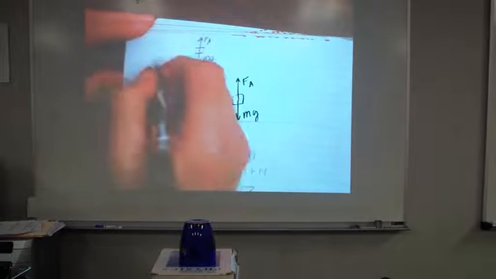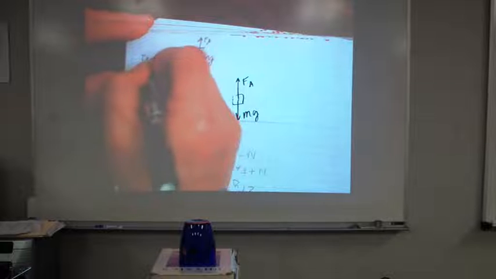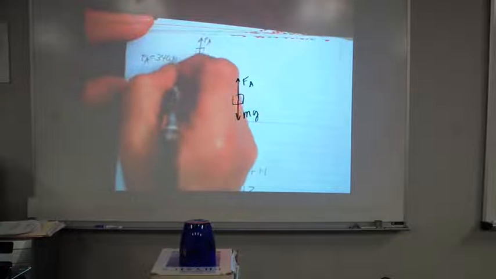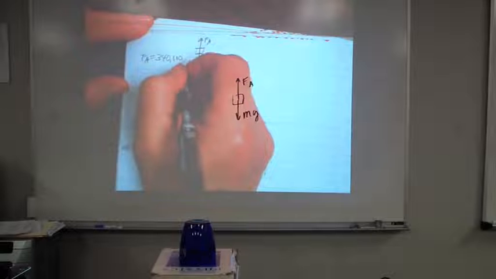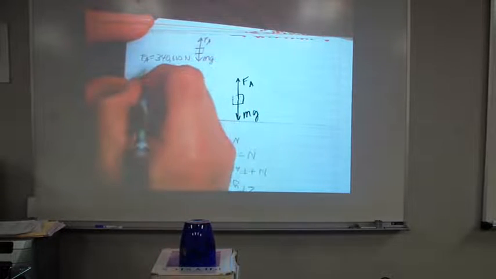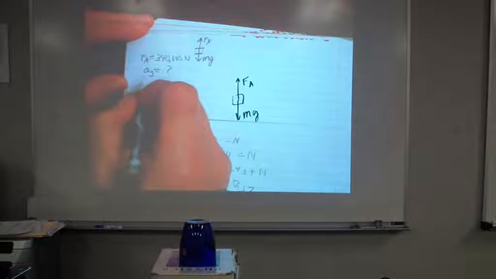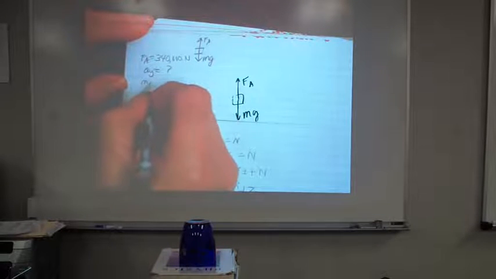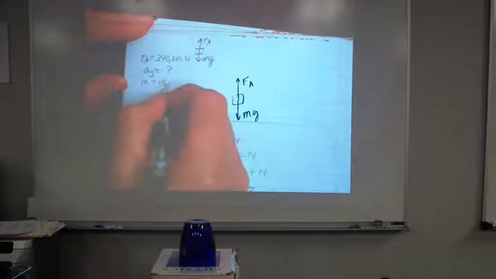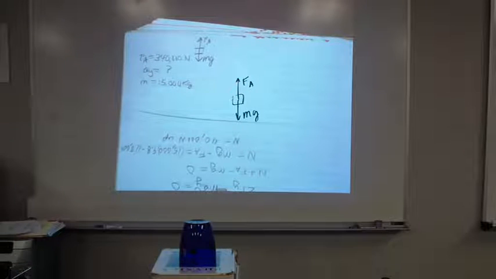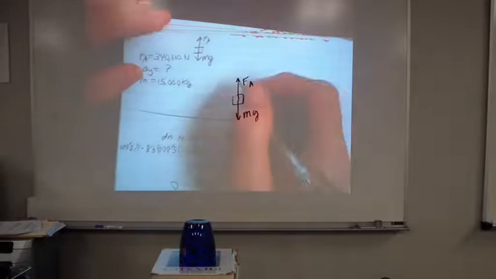Okay, your applied force, 340,000 newtons. And let's see, we'll look for the acceleration, aren't we? On the y-axis. And let's see, what is the mass? 15,000 kilograms. All right, there's the givens and the unknown, free body diagram.